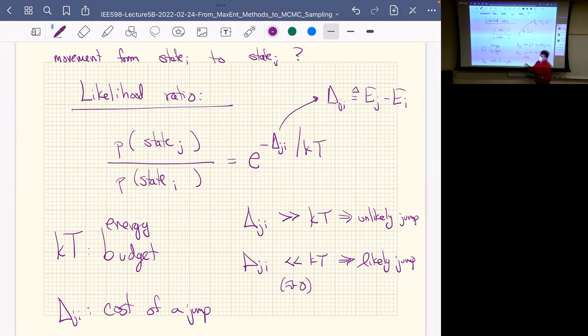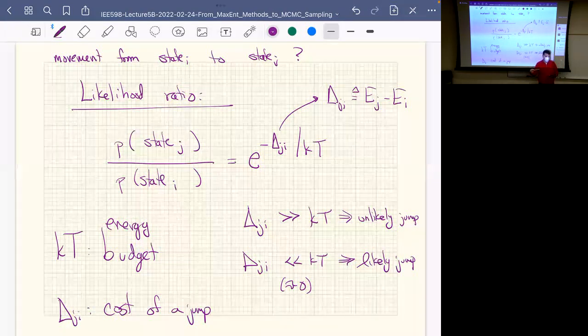It's all based on starting at one microstate, choosing another microstate at random, querying whether that randomly chosen microstate has a favorable or an unfavorable likelihood ratio, and then jumping to it based on that likelihood ratio.